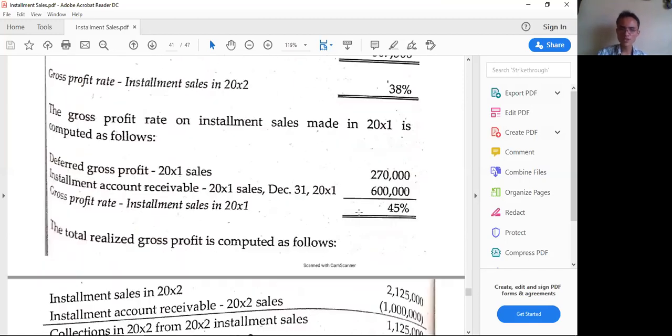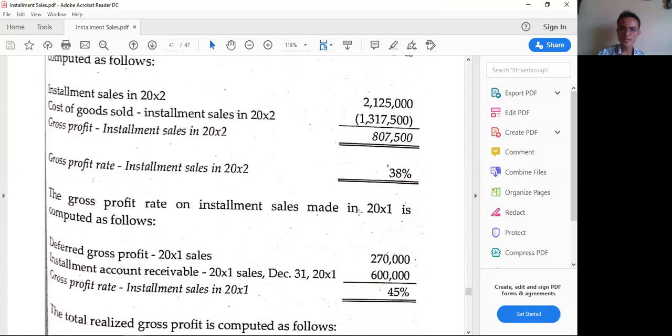And if we divide the gross profit by sales, we get the 38% gross profit rate. However, for 20x1, which is prior year, again, the formula is deferred gross profit beginning divided by the installment accounts receivable beginning at 600,000. And prior is 270,000 DGP. So that we'll get 45%.